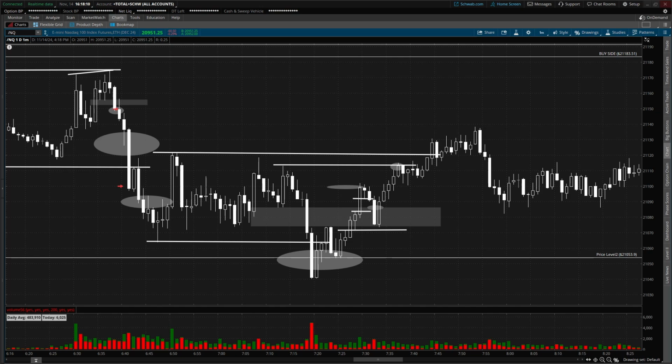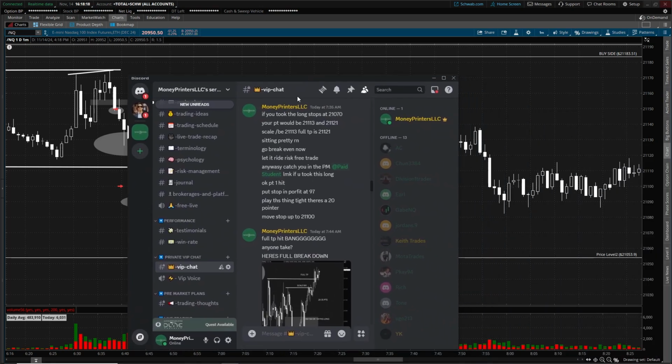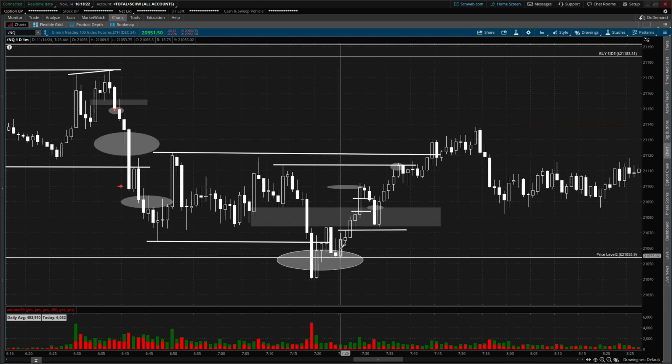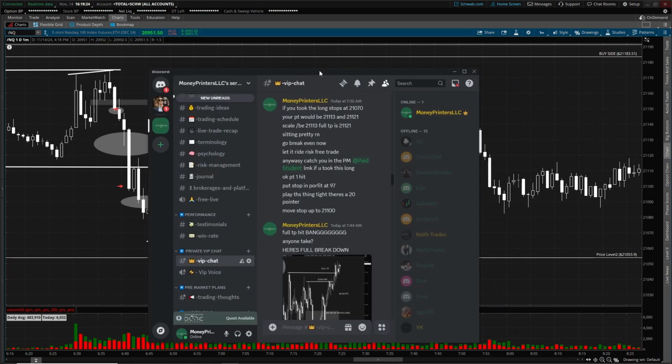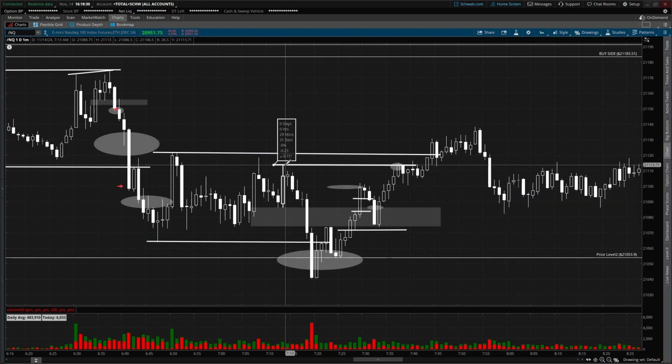But if we go to our chat, I will show you guys that I guided them through the whole trade. Right here, I said if you took longs, stop at 21.70. Right? Stop here. I said scale break even point 21,113, which is this high here.